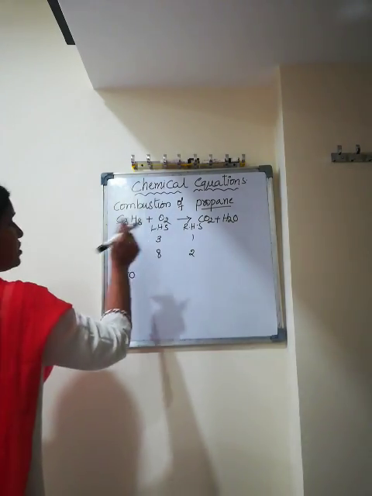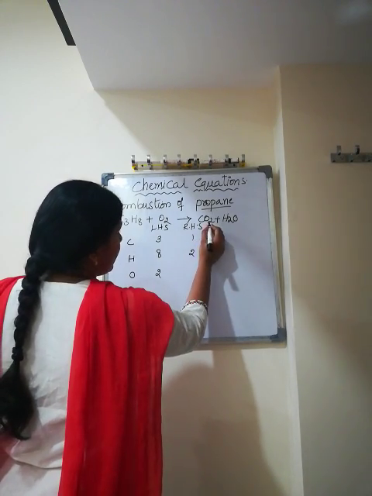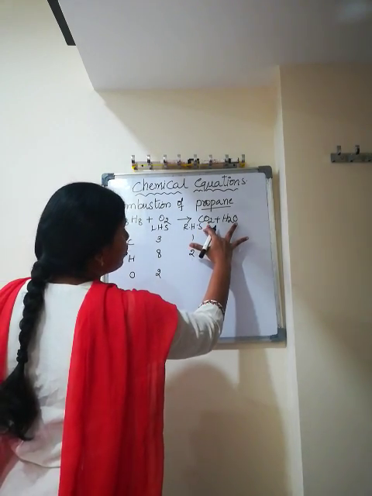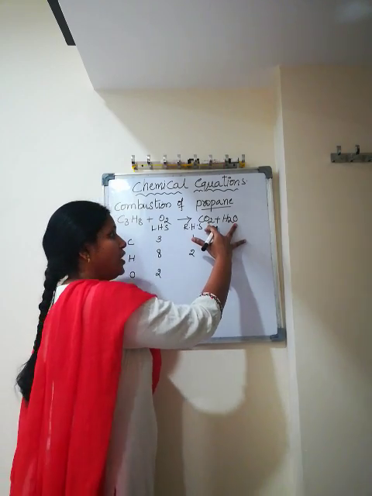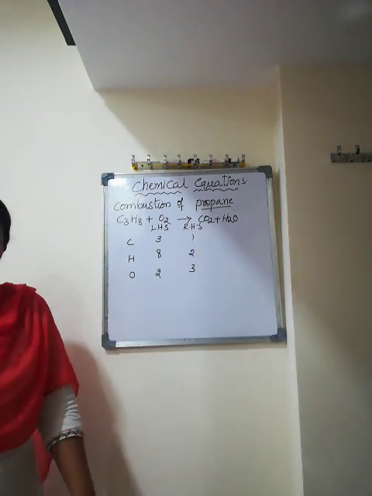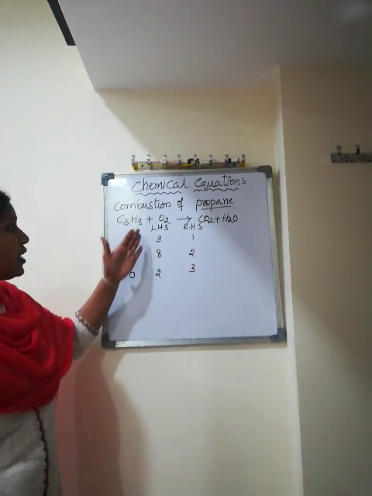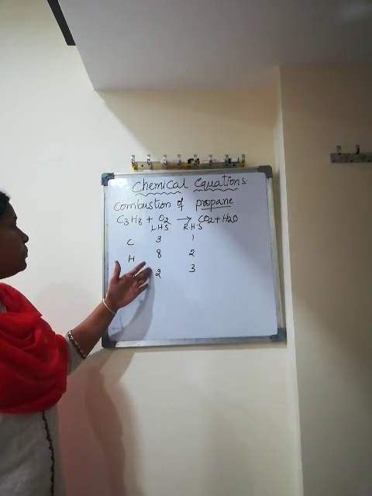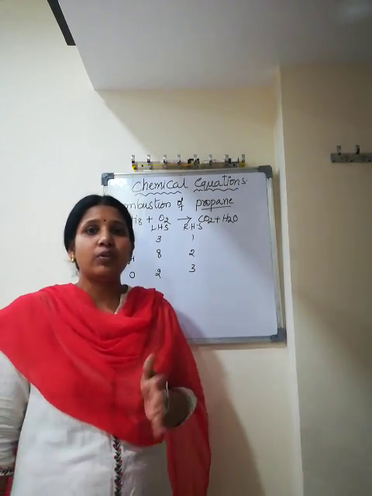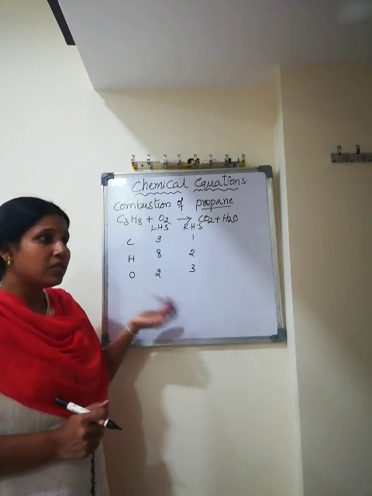Coming to the oxygens, in reactant side 2 oxygens are there, and in product side 2 oxygens in CO2 and 1 oxygen in H2O, 2 plus 1, 3 oxygens. By observing this, we can say that the number of atoms in reactant side is not equal to the number of atoms in product side. So, you have to balance this equation.